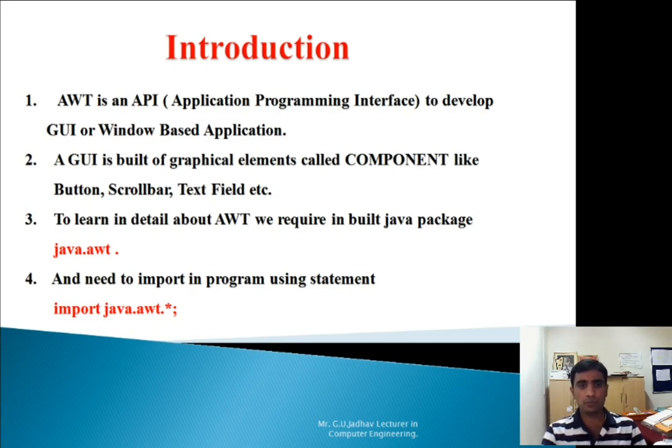And to execute programs related with AWT, we require to import that package into our program. How to import? You know, in core Java programming, you have imported a number of packages. In the same way, we can import the AWT package by using a statement.